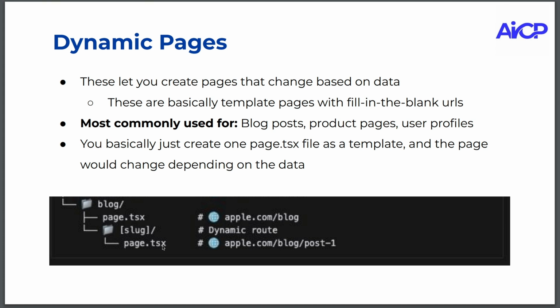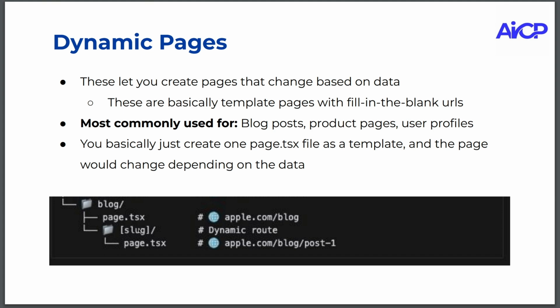But the important thing here is that you only need to create one page.tsx file because we're defining a dynamic root here. So if we didn't want to use a dynamic root and we had 100 blog posts, we would then have to create page.tsx, another folder, page.tsx, another folder, page.tsx. So all these dynamic roots do is essentially simplify different versions of the same page.